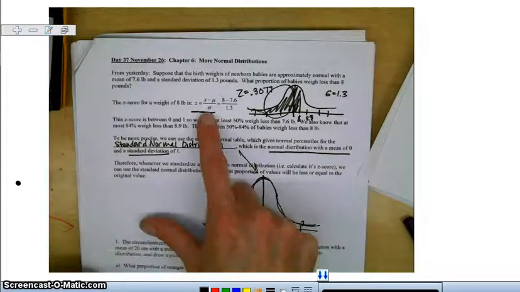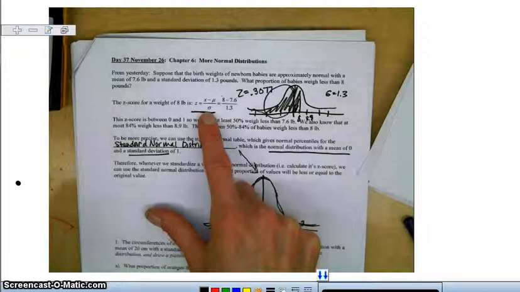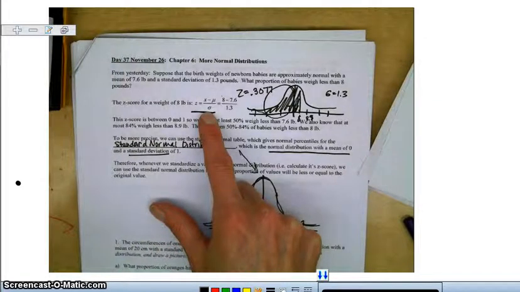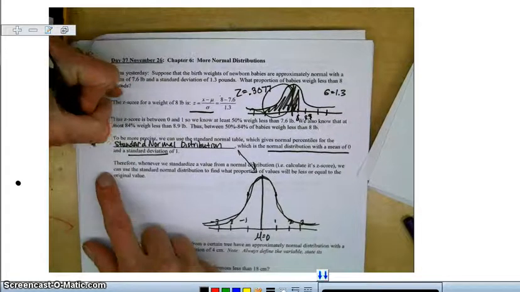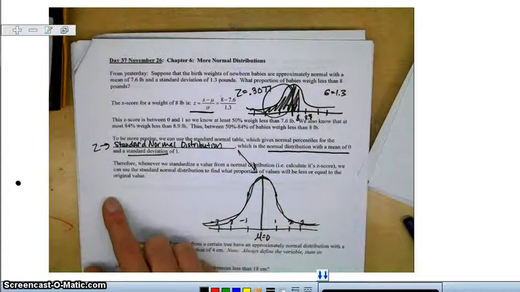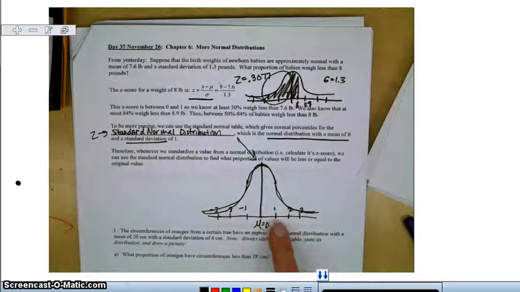The z-scores, as you remember, change everything into a number of standard deviations above and below the mean. So the mean of the z distribution is 0, and the first marks would represent 1, 2, and 3, and then negative 1, 2, and 3.